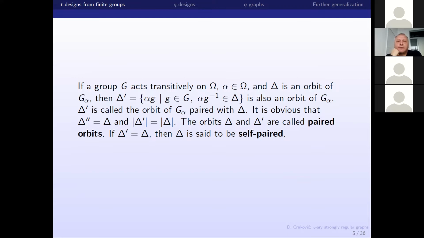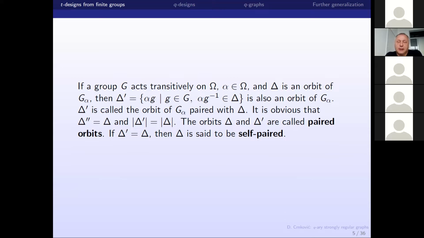If we have a group G acting transitively on a set omega, and we take any element alpha from this set omega, and take an orbit delta of the stabilizer of that element alpha, then we define delta prime as the set of all elements alpha g, where g goes through the whole group, such that alpha times the inverse of g is in delta.